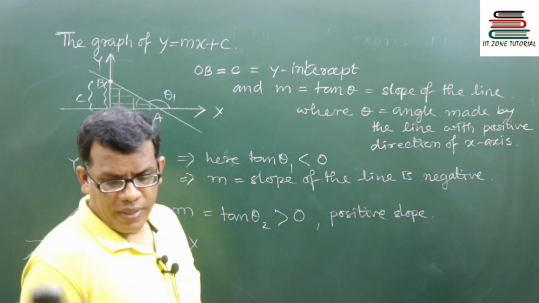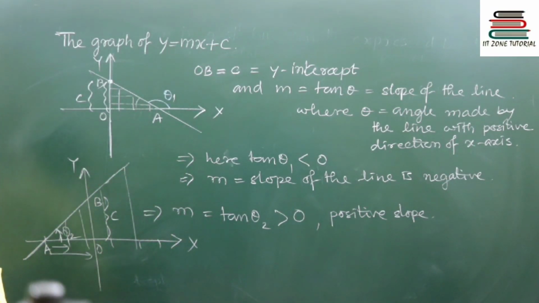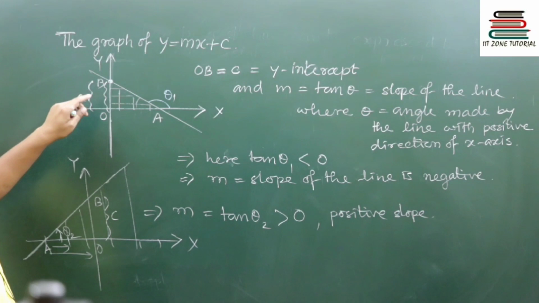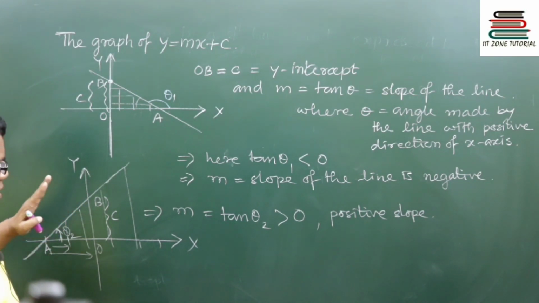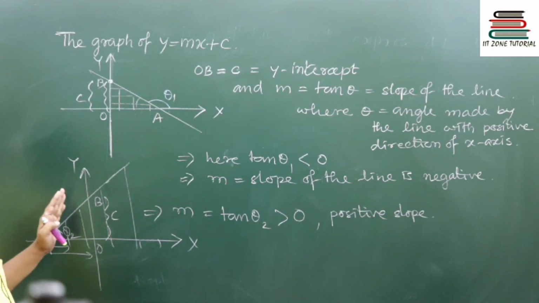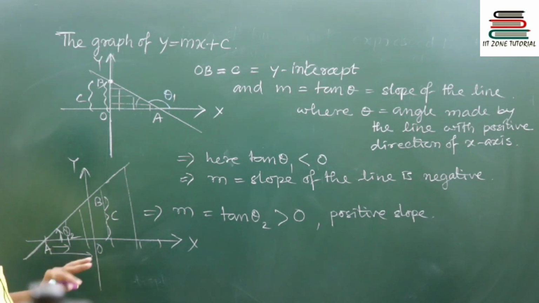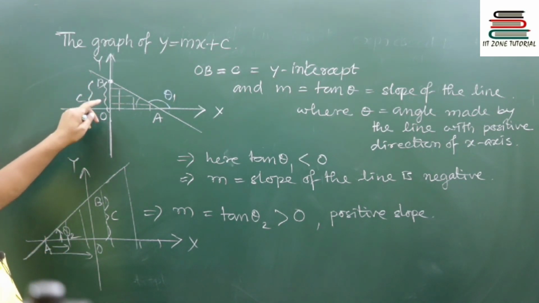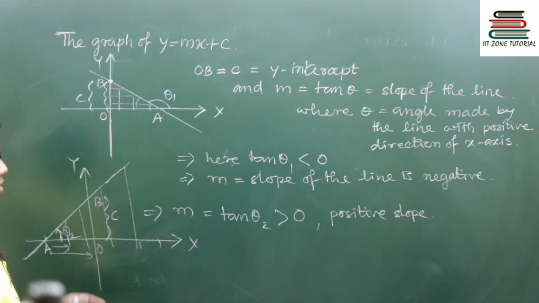Yes. Fine. So in both cases, a positive slope means increasing y with the increase of x, and here y decreases with the increase of x. So this is a decreasing function, and this is an increasing function.